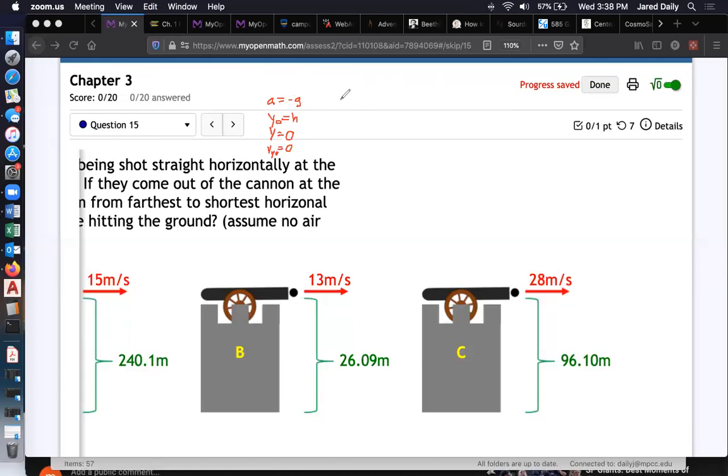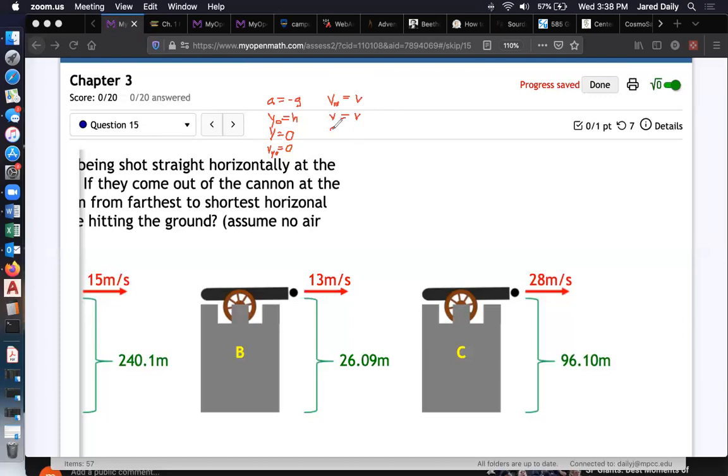In the x direction, we know the initial velocity in the x direction. That's terrible. That says v0x, I don't know, but it's supposed to say that. We know that is whatever velocity they give us here. We know that the final velocity is going to be the same because there's no air resistance, so it's not going to change.